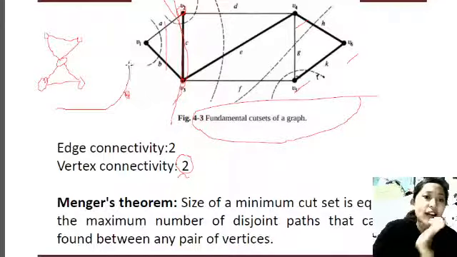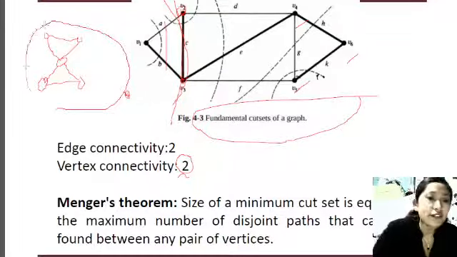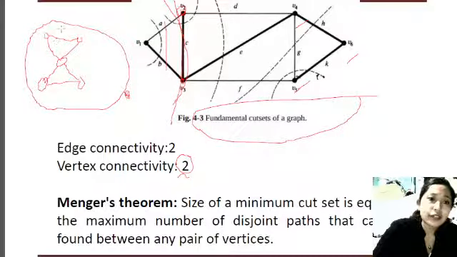Now in this graph, we try to find the vertex connectivity and edge connectivity. Edge connectivity means the minimum number of edges. Let us say if you remove these two edges, then the graph will be disconnected. But removal of a single edge is not going to make this graph disconnected. So for this graph, its edge connectivity is 2.